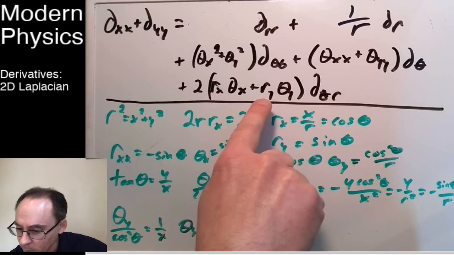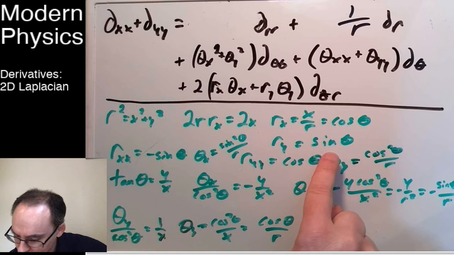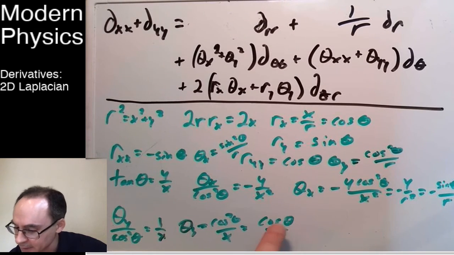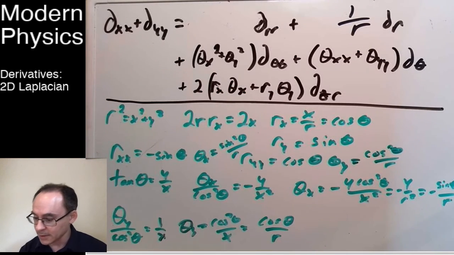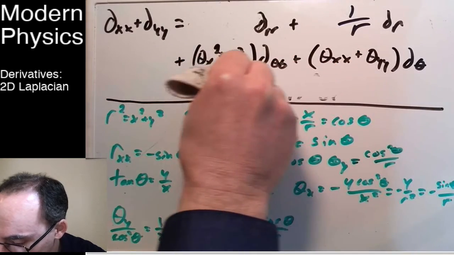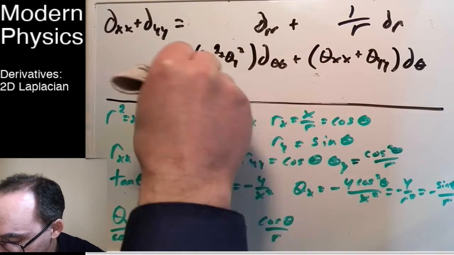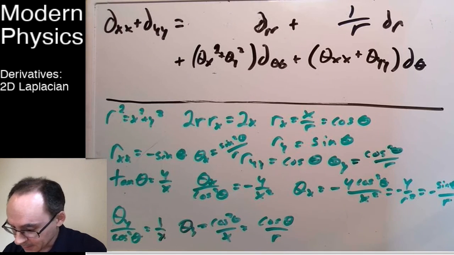But then when I look at the ry theta y term, that's going to be sine times cosine, but there's no negative sign. So it's going to be sine cosine over r. The other one's minus sine cosine over r. So these two terms actually cancel. This mixed derivative term is just 0. More progress. This is great.